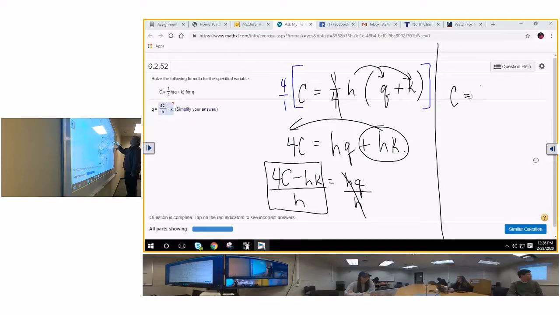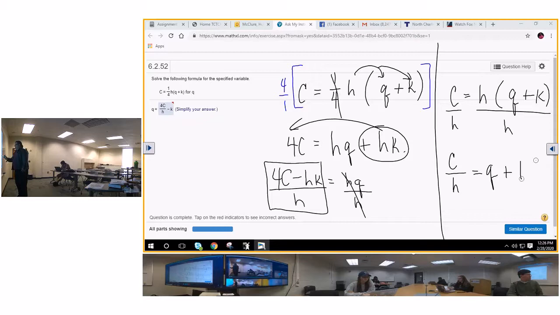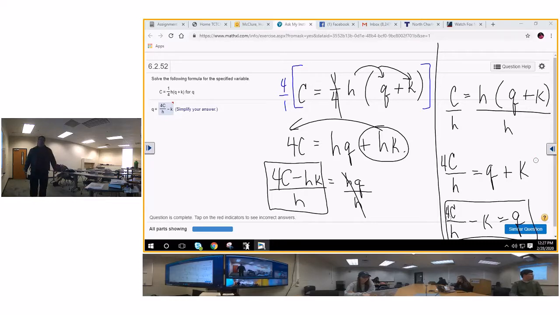C is equal to H times Q plus K, and divide by H. C over H is equal to Q plus K, and then C over H minus K is equal to Q. That's another way to write it. Oh, I'm sorry, 4C. So that's another way to write it. Either one of them is correct.